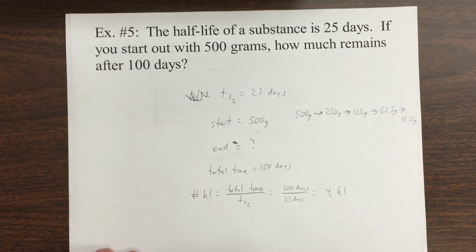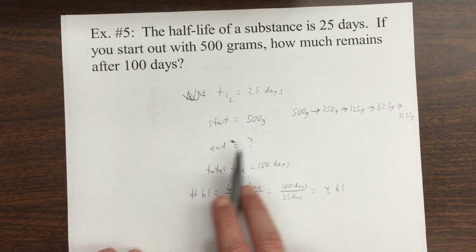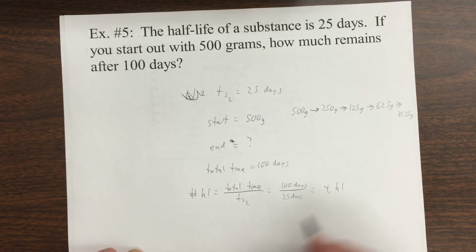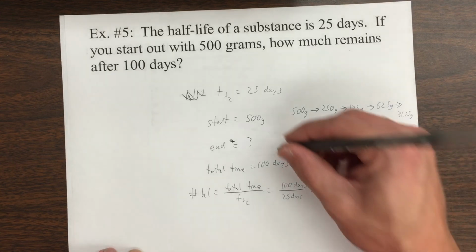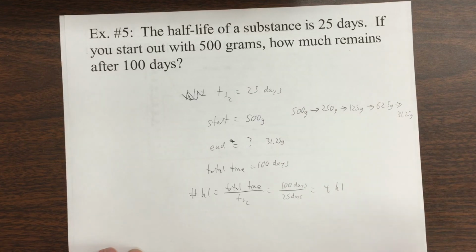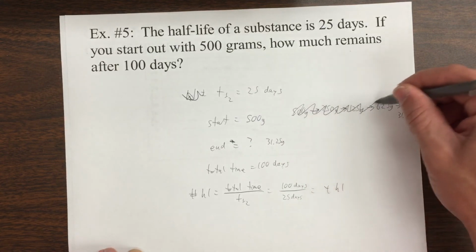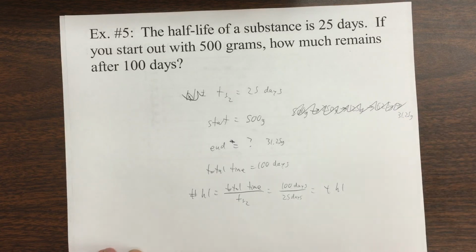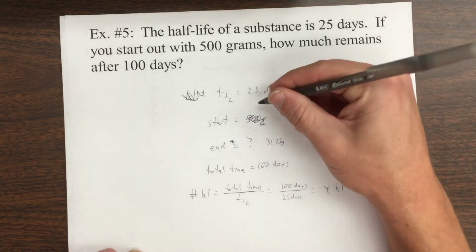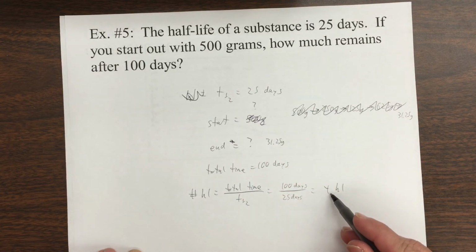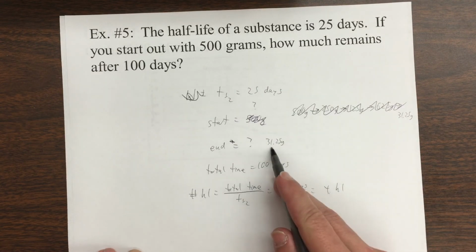We could also do this backwards, where I could give you the ending amount. Like, let's say I told you that at the end of 100 days, 31.25 grams was remaining. So let's say we don't know all of this. We're going to end with 31.25. And we wanted to know how much we started with. Once you got the number of half-lives, being 4, you could just work backwards.